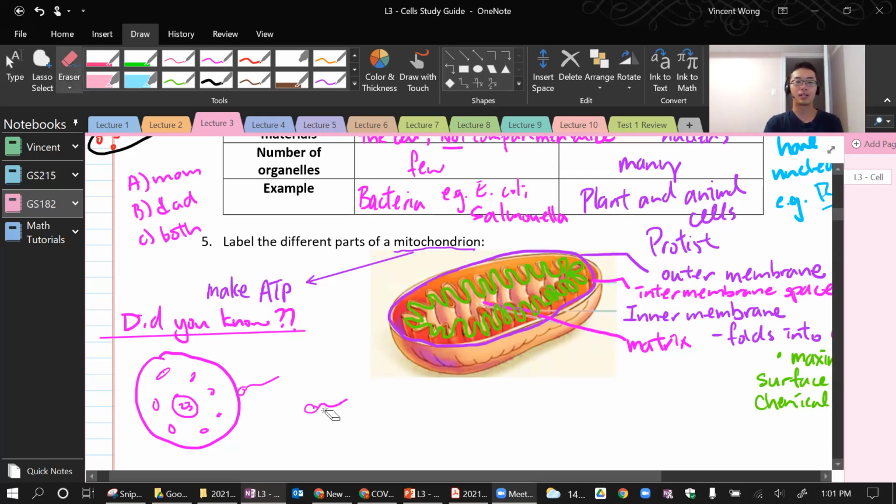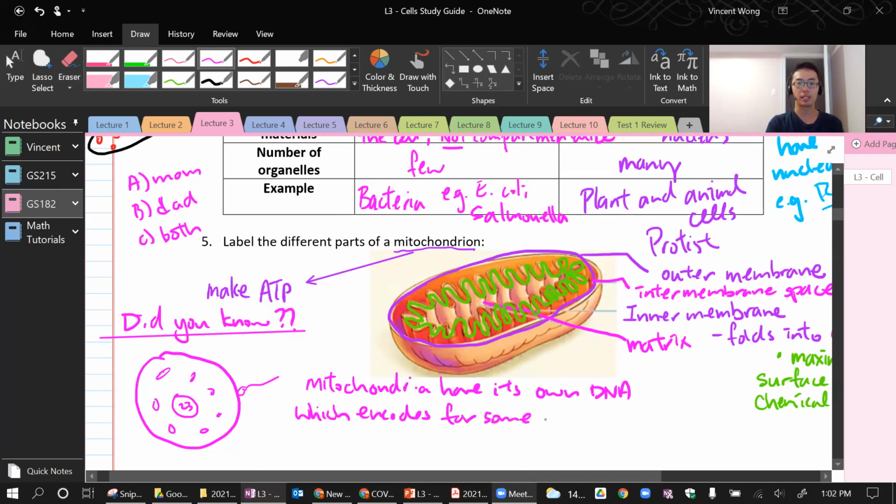Now, another interesting thing is that the mitochondria have their own DNA, which encodes for some of its proteins.